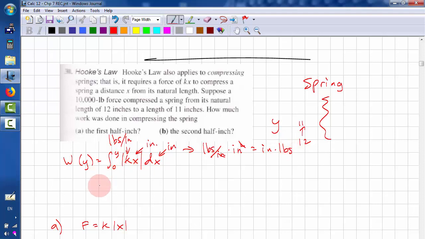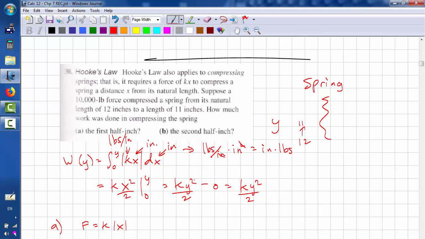Okay, we integrate this. This is not difficult. We have kx squared over 2, and we're going from 0 to y. That gives us ky squared over 2 minus 0. So we just have ky squared over 2.